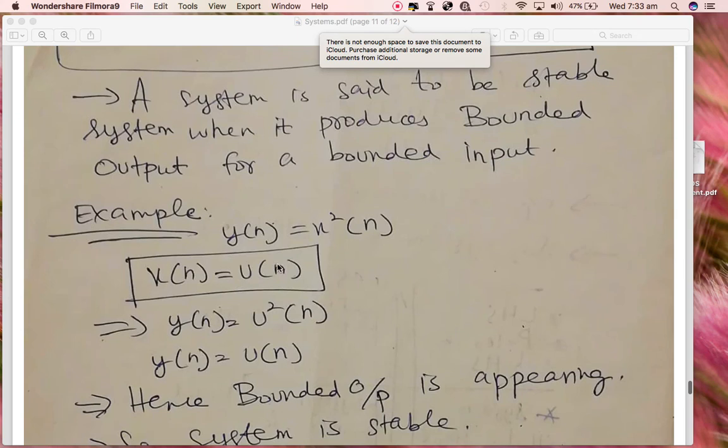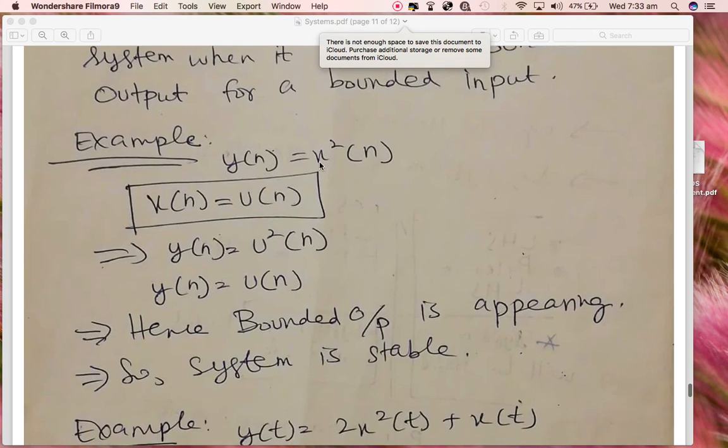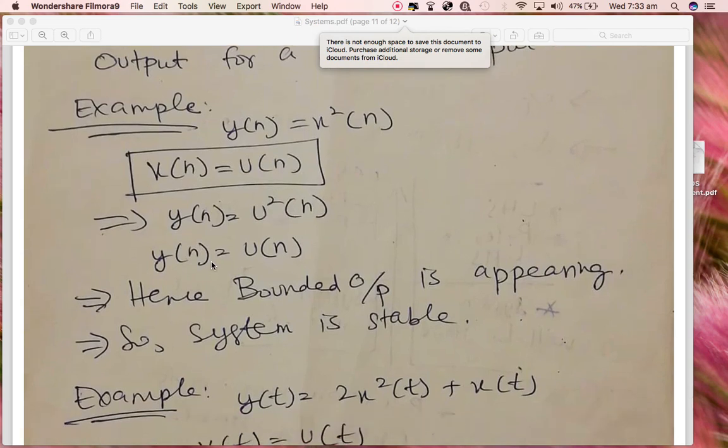Then we will look at x(n) equal to the unit step function, and when we take the square of that unit step function, it is u squared(n), and the square of the unit step function is always a unit step function.